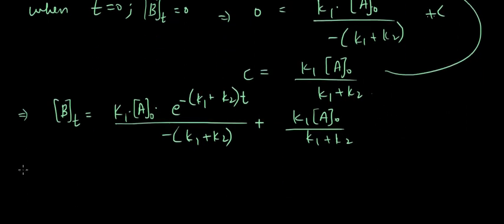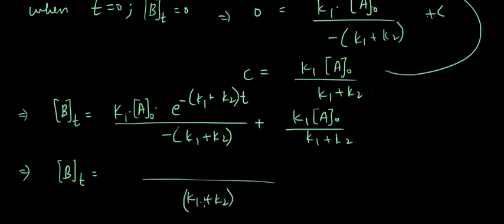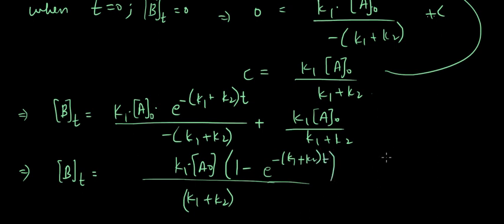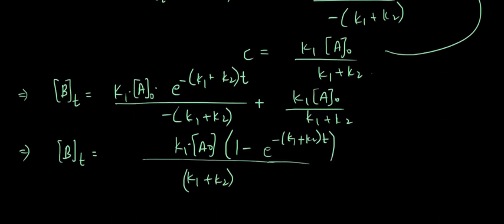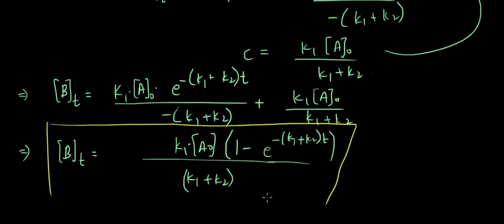So just solving it, we will be getting that Bt would be K1 upon K1 plus K2 times A naught times 1 minus e to the power minus K1 plus K2 times t. Okay, so please remember that this is a very important formula.